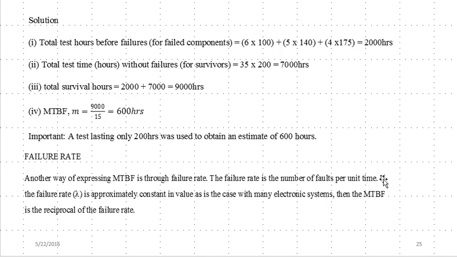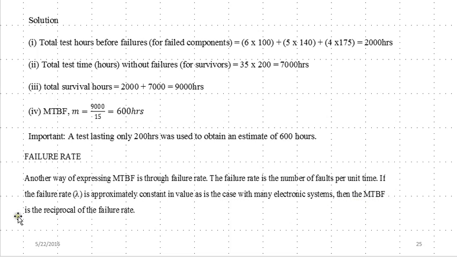How many failures do we have in a unit time? This failure rate is represented by lambda, and it is approximately constant in value. That's the value of failure rate for different components. It is somehow constant. A resistor has its own, capacitor, transistor, all of them have their own, and they are expected to be what? Constant.